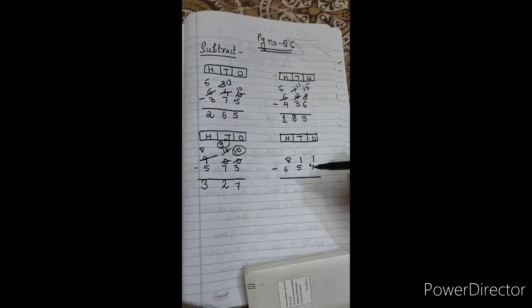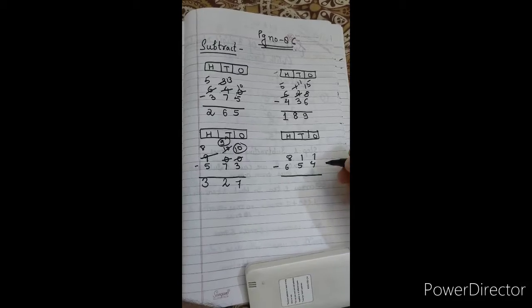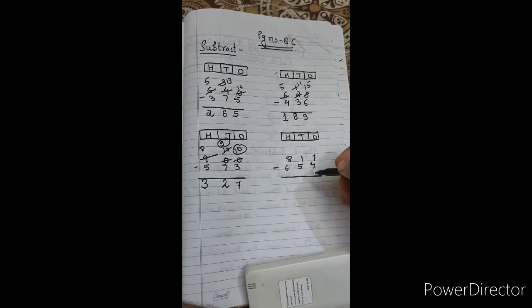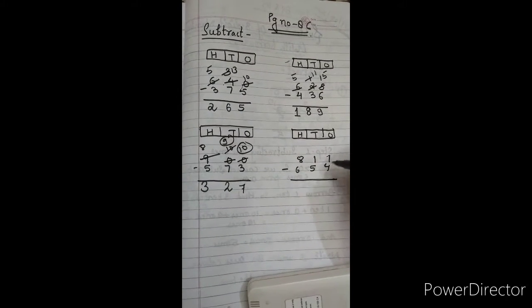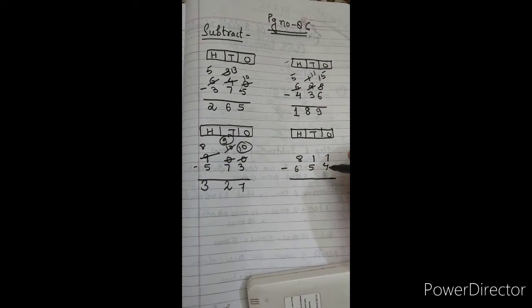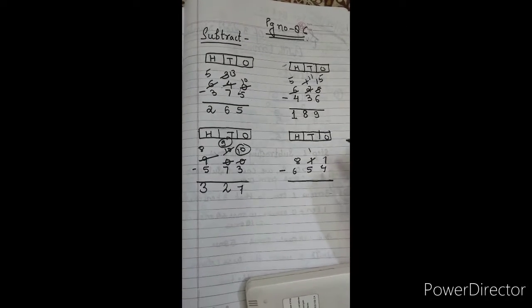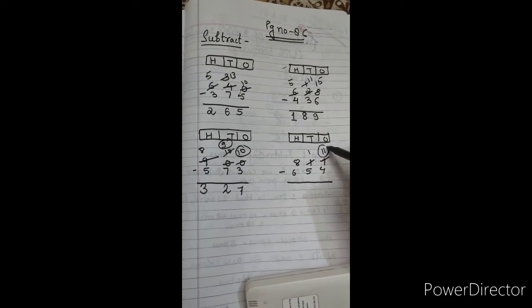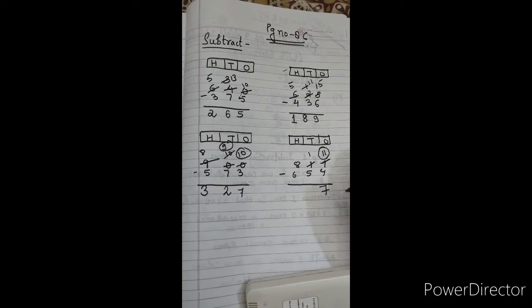Now the next question is 811 minus 654. Now subtracting the ones, we want to subtract 4 from 1, but it is not possible. So from the tens, we borrow 1 ten, leaving behind 0, and in the ones position 1 ten plus 1 one becomes 11 ones. So 11 minus 4 is 7. Write 7 under the ones column.